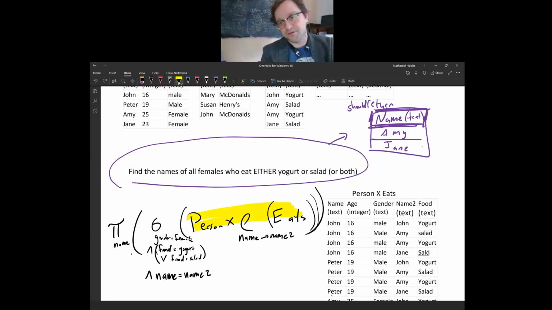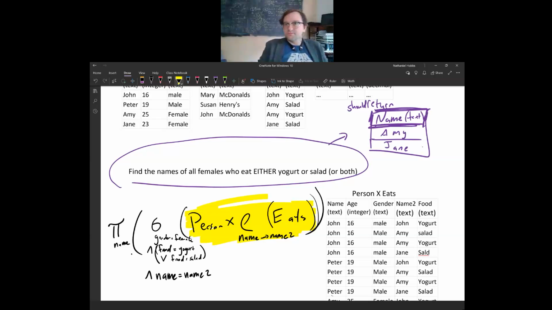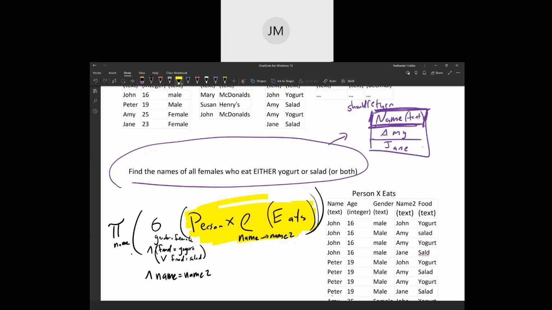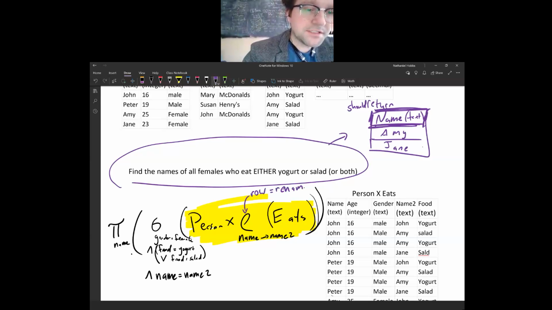We'll go inside out, which is generally the way to think about these queries, I think. This thing in yellow. Is that where you do the cross multiplication? Mm-hmm. So, what is the symbol after the multiplication sign before the eats? Yeah, sorry, that's a rho. And that's a rename operation.